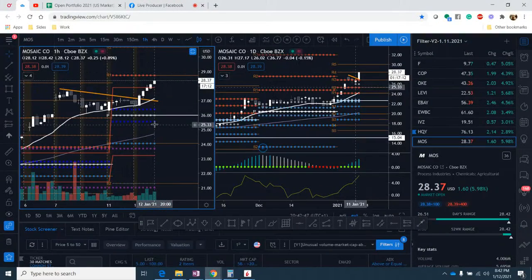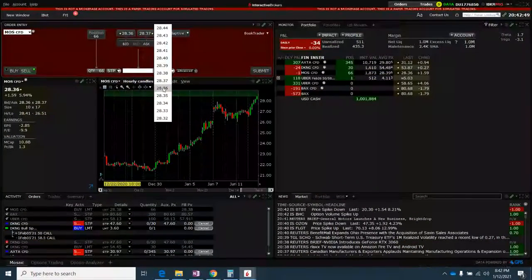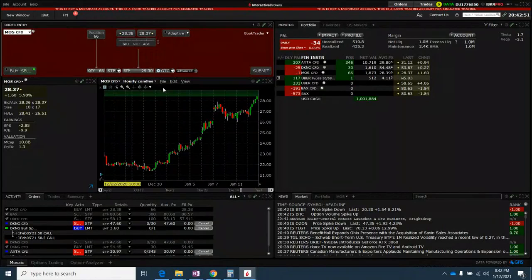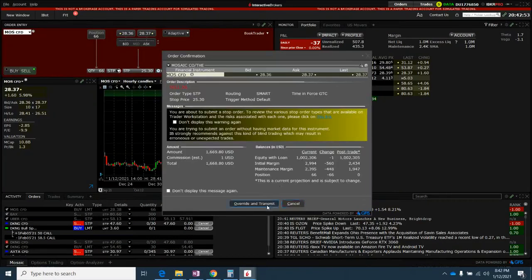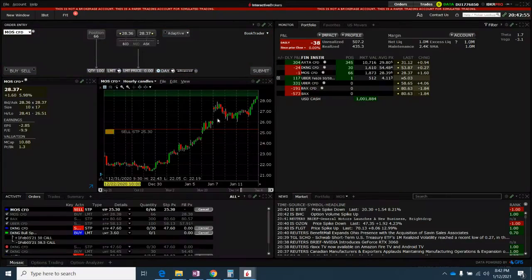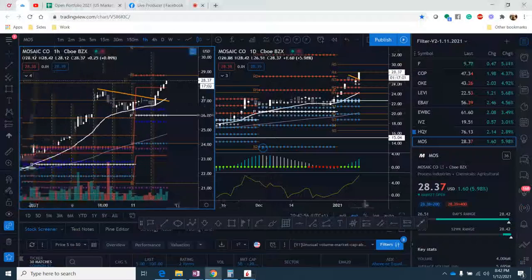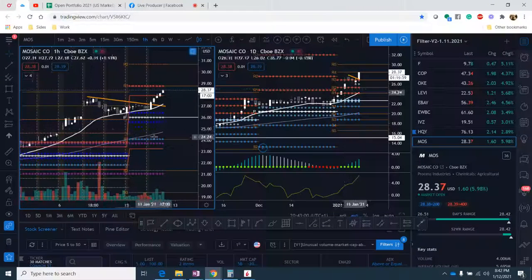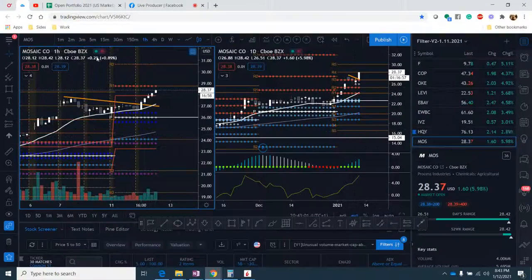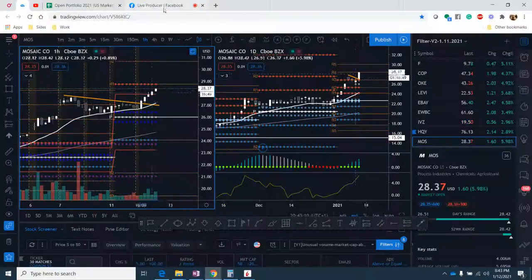So what is again my stop loss? 25.3. Right. So I think I'm not going to open an option trade for this because this is not really a big cap stock. So I assume that the option on this is not so liquid.